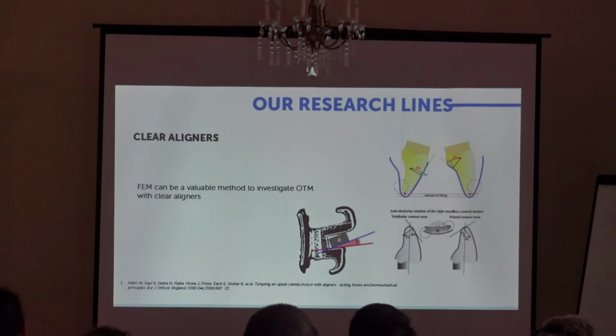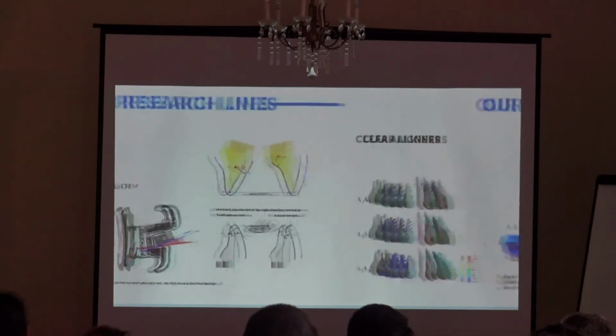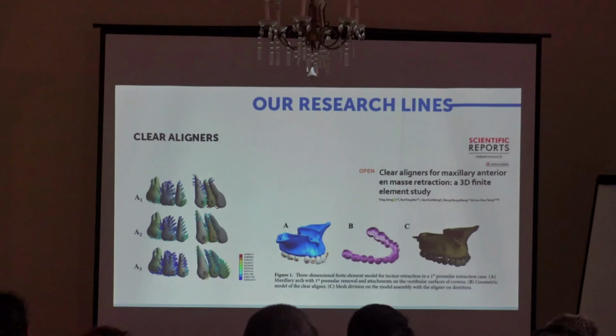But this is only because of a lack of knowledge on how the system is really working. And so, again, finite elements can provide better insight into the way this system is working and how the applied forces are experienced by the PDL.